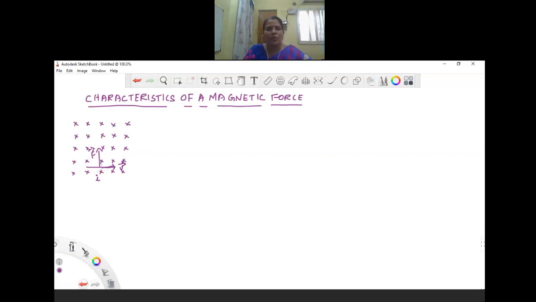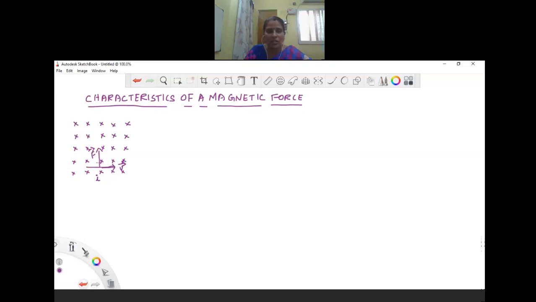In order to increase or decrease the velocity, the direction of the magnetic force should be along the direction of the velocity, or else its component should be along the direction of the velocity.